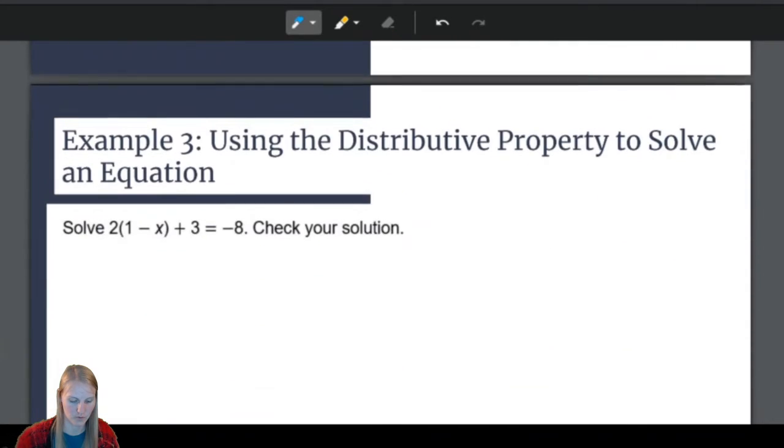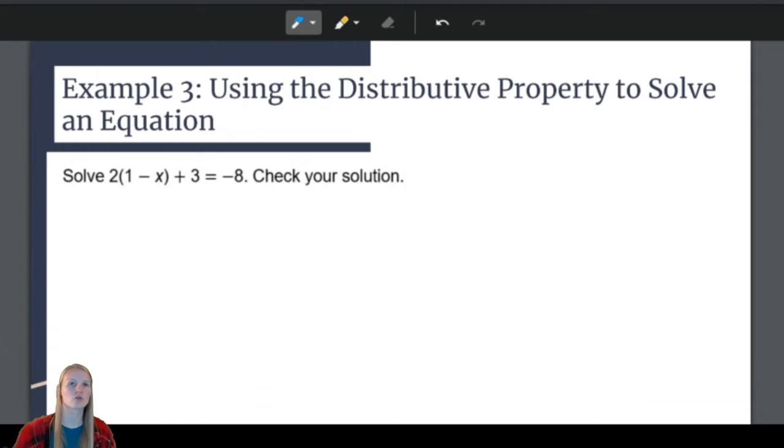All right. So, the distributive property happens when you have parentheses like this. What? We haven't seen parentheses before. What do we do? Well, the distributive property says this right here, this means 2 times 1 minus x.